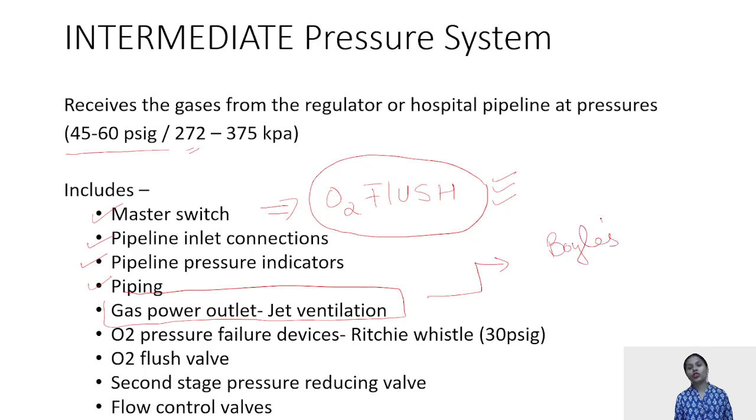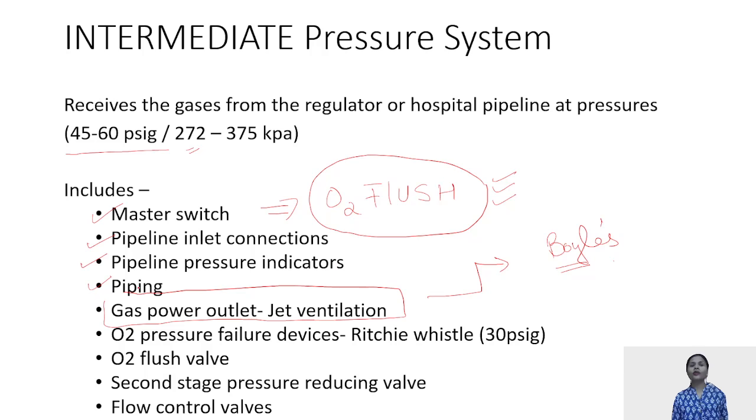In the older machine, this power outlet was present in order to provide air to the jet ventilators or the ventilators which were connected independently over the boyle separators. The boyle separators per se has no ventilators in it. Okay. Sometimes we used to additionally add some ventilators to the machine which were connected to this gas power outlet. But now in the newer workstations, these are obsolete.